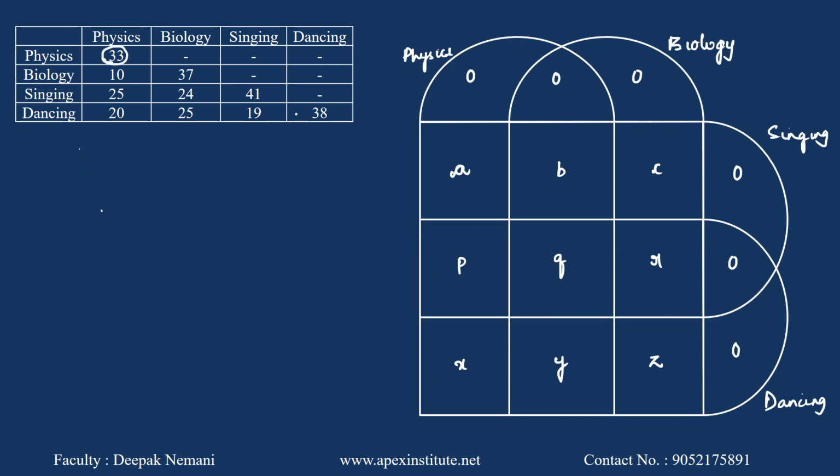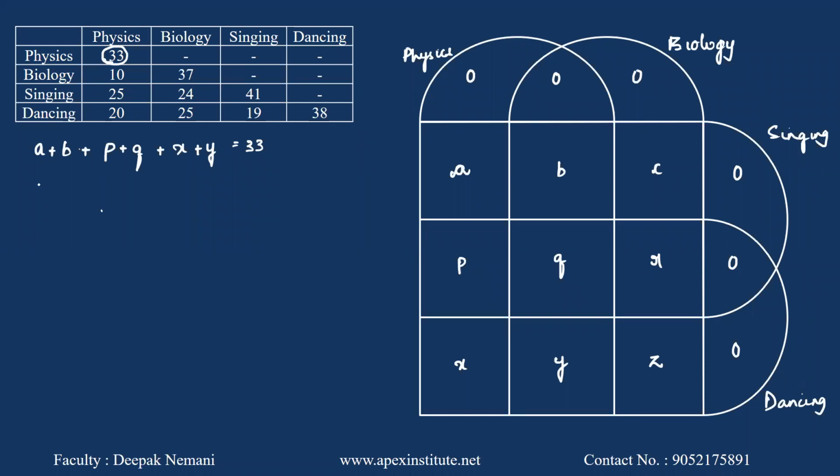Now, 33 teachers teach physics. So I can say that A plus B plus P plus Q plus X plus Y is equal to 33. And now you have 37 teaching biology.